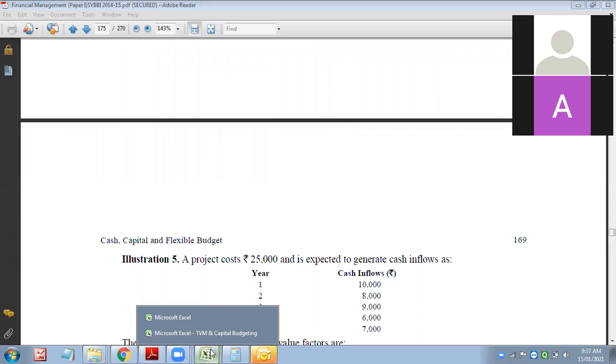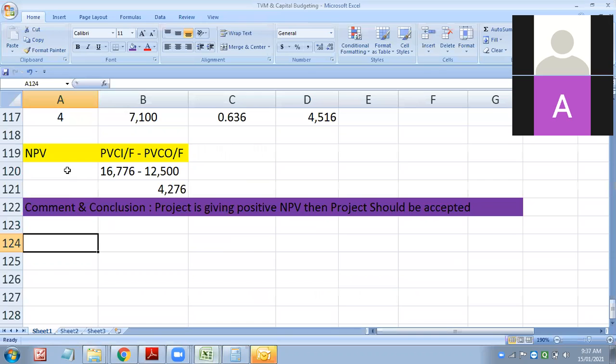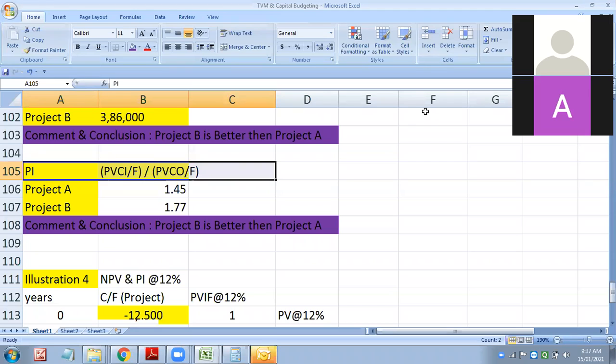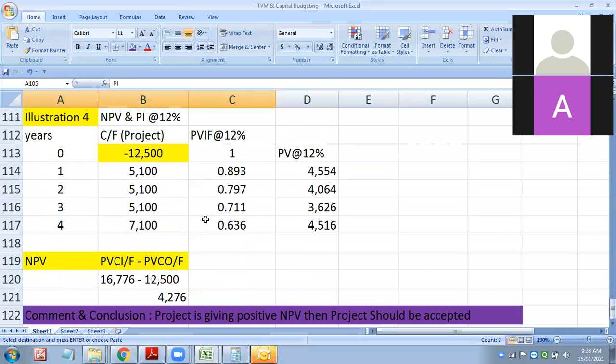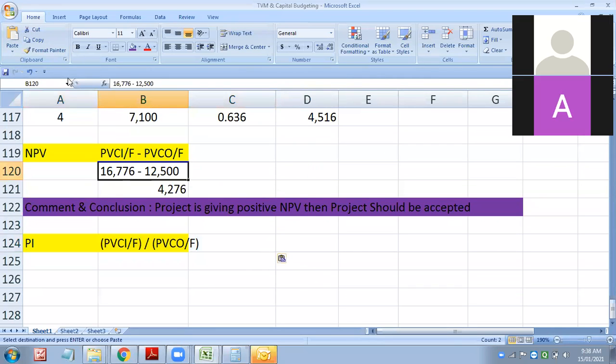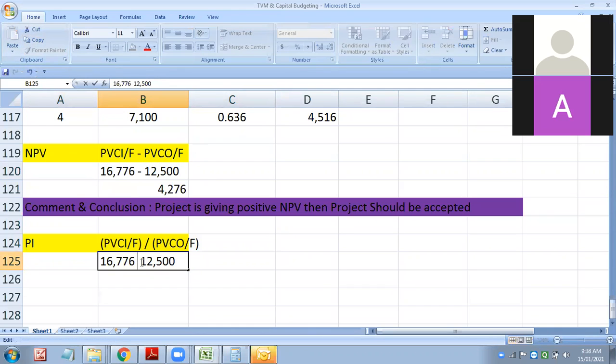Now, even though it is not given, I would like to calculate its PI also. Why? Because that will not take much time, and at the same time I can have the revision of both. So what I will do, in spite of minus, I will divide.